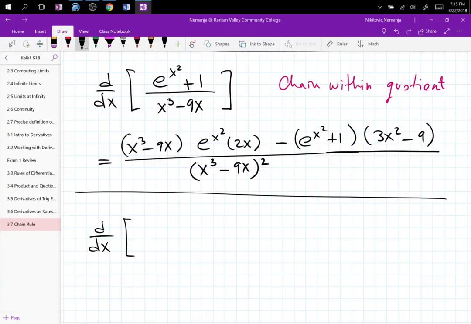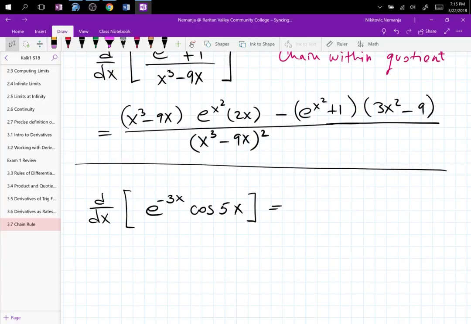Let's just put a basic wave, right? Let's just put a wave. So e to the negative 3x cosine 5x. Standard stuff. So this is a wave, like the oscillator with dampening.